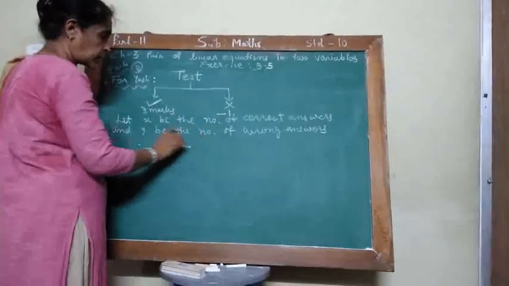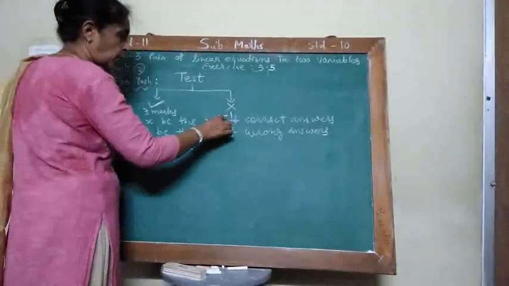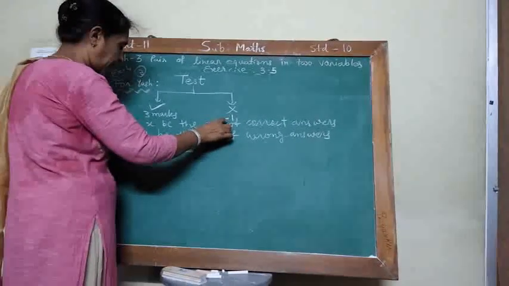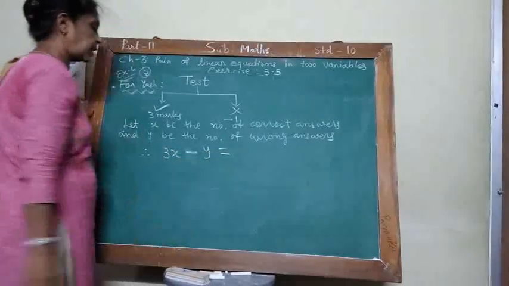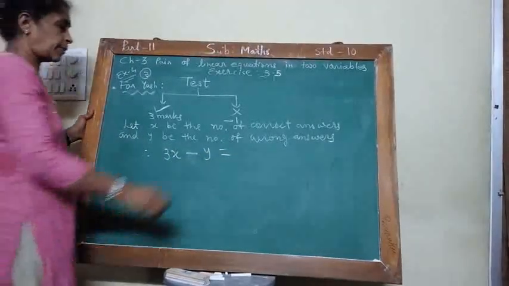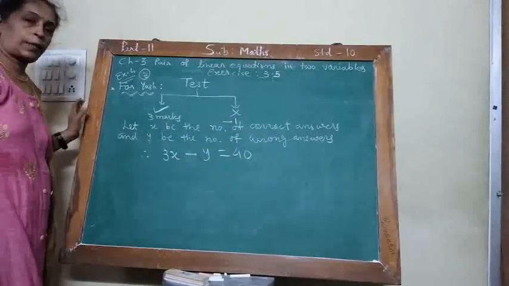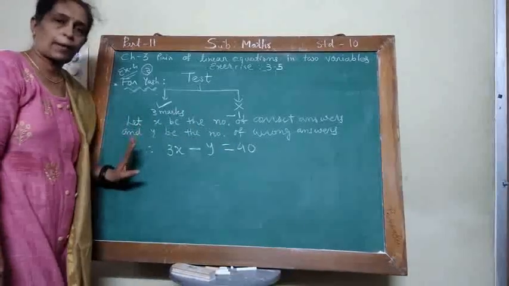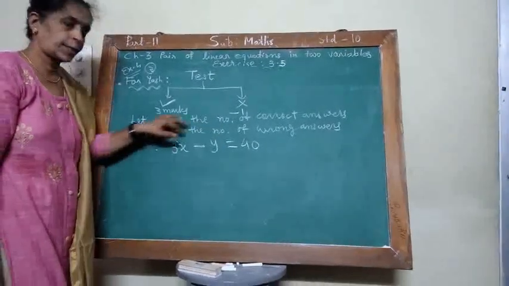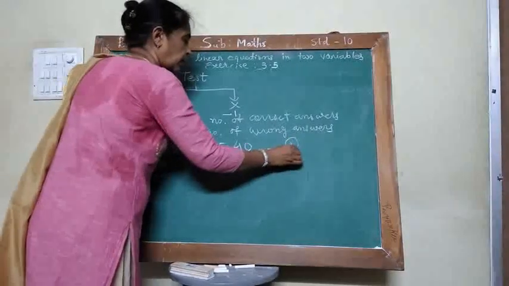For each wrong answer, it is -1, and there are y wrong answers, so -1 times y. And the first boy gets 40 marks overall after this type of calculation, as the textbook says. So this is equation number 1.